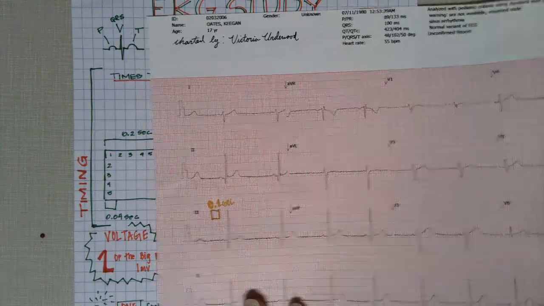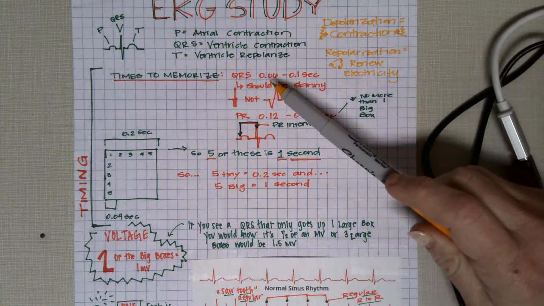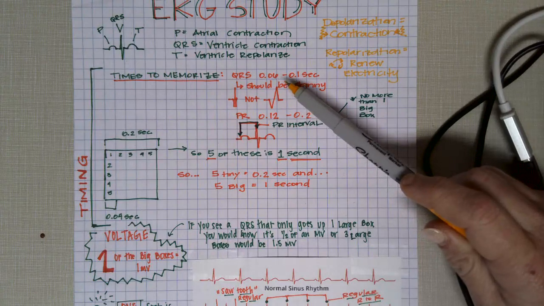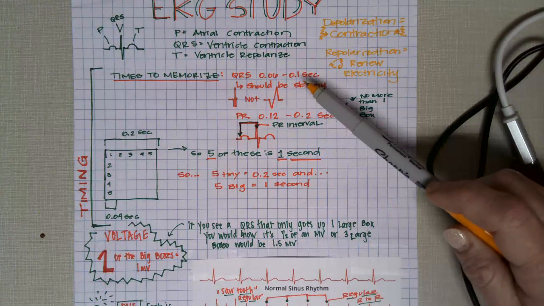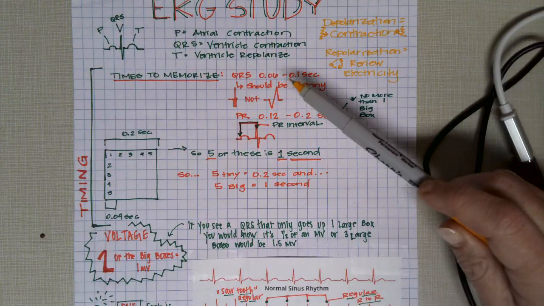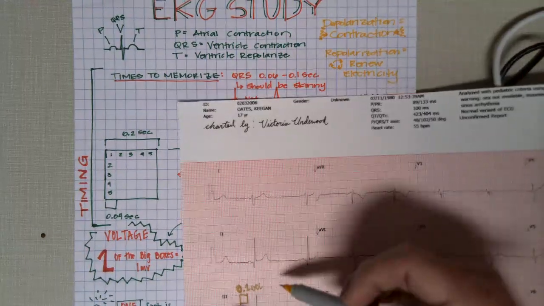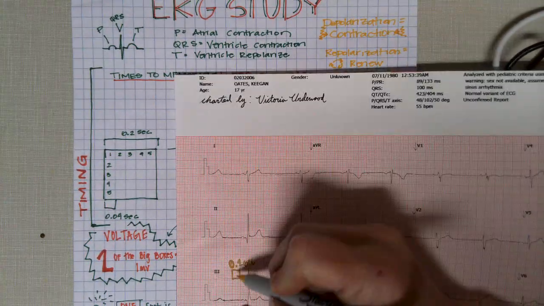Okay. All right. So as we're looking at these, you need to memorize a few things. A QRS should be 0.06 to 0.1 seconds. So it should be about 1.5 to 2.5 of these tiny boxes, or half of this larger box.